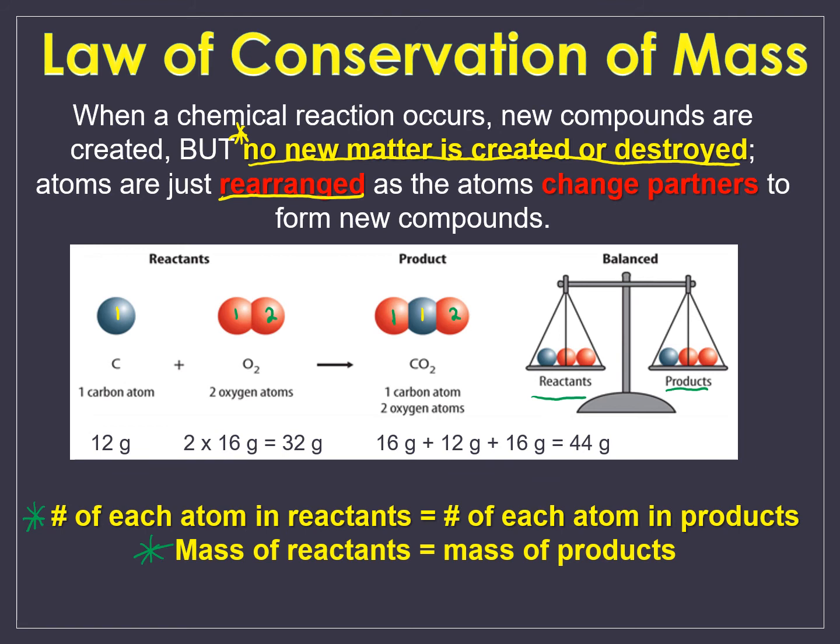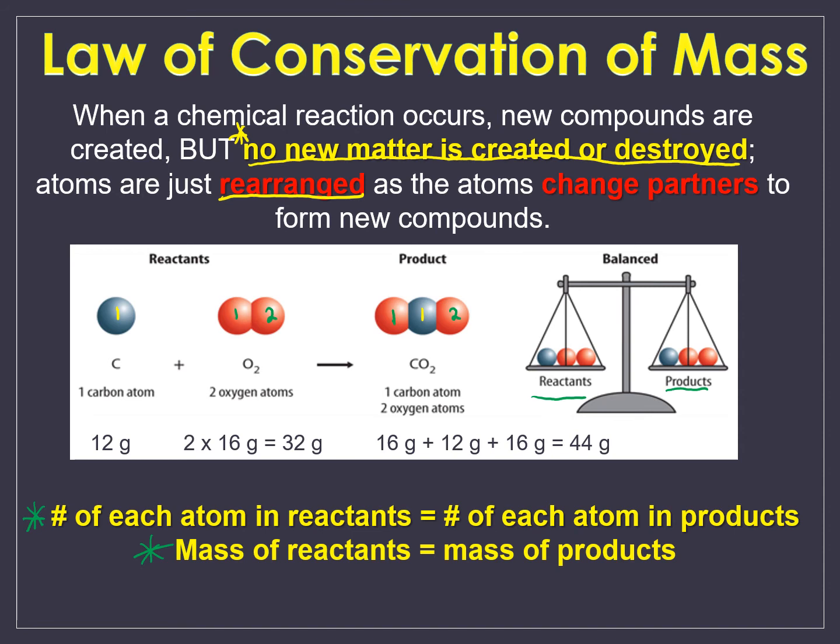So those are the mass on the reactant side. Now I take a look at the product side, and I see I'm going to be adding that 16 grams of the oxygen to the 12 grams of the carbon to another 16 grams of oxygen, and the grand total would be 44 grams. And that's the product side, y'all, 44 grams.